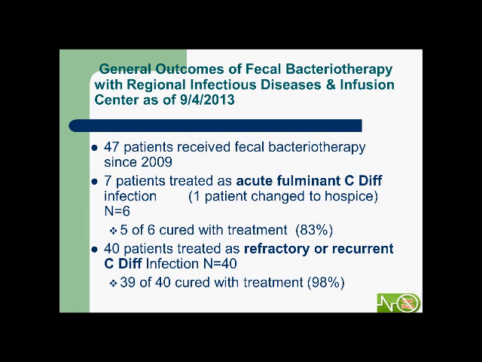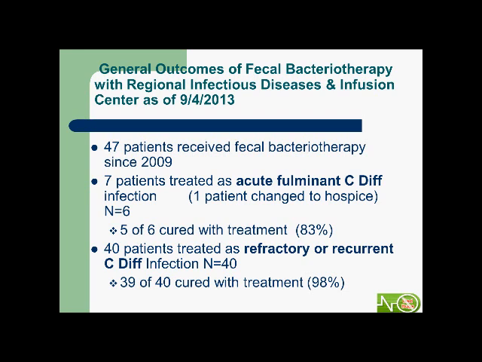This procedure has been done since around 2009, and 7 patients of these were acute patients. These were done in dire need situations only, when there was no other option, and either the patient was dying or the surgeon did not want to do anything further.